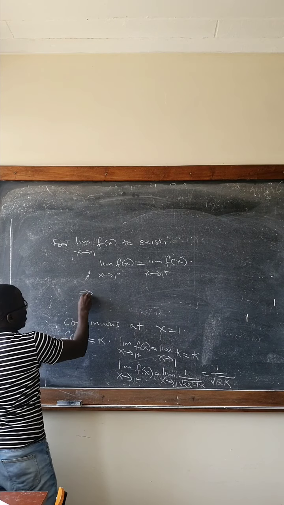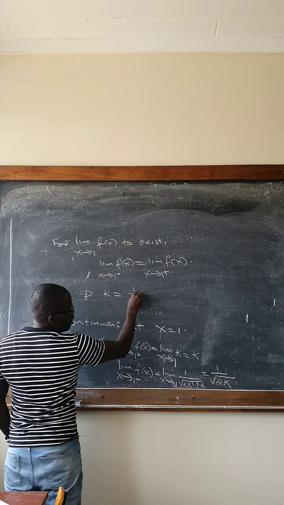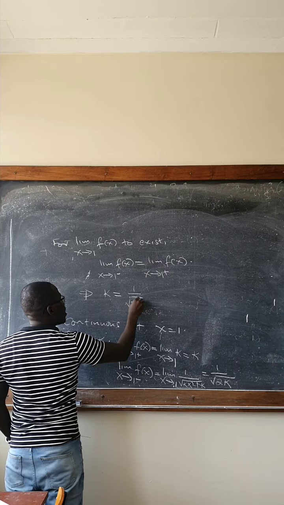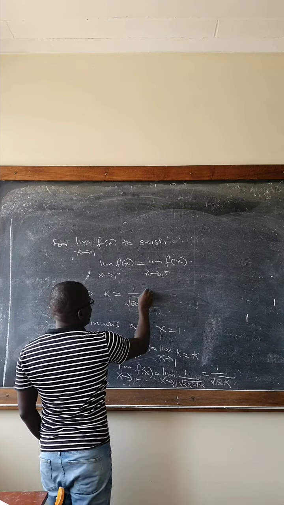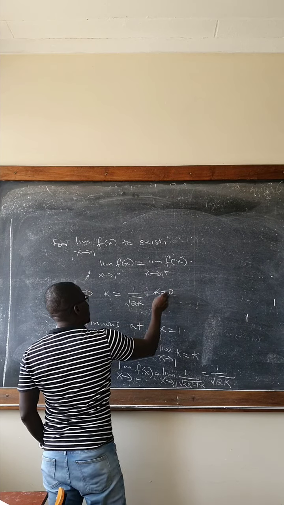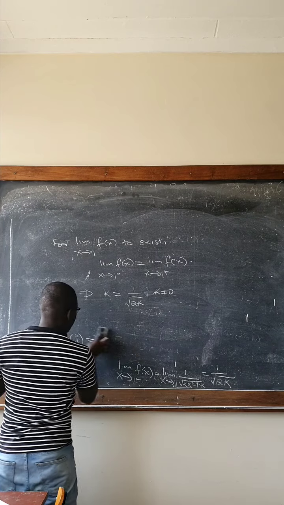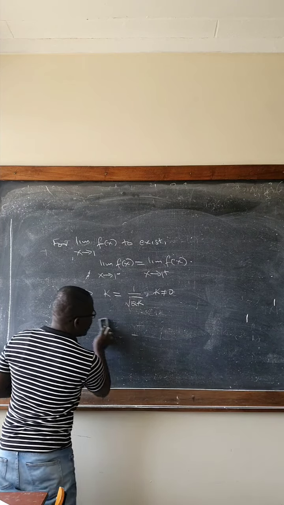And what does this imply? This implies that k has to be equal to 1 out of root of 2k, where of course k cannot be 0, and that has to be made clear because this will not be defined.